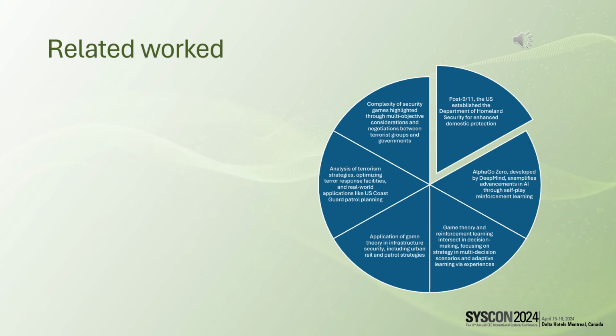Reinforcement learning, on the other hand, involves agents learning to make optimal decisions through a trial and error process motivated by rewards or penalties, hence focusing on adaptive strategy development based on experience.